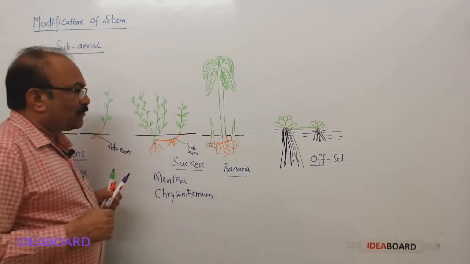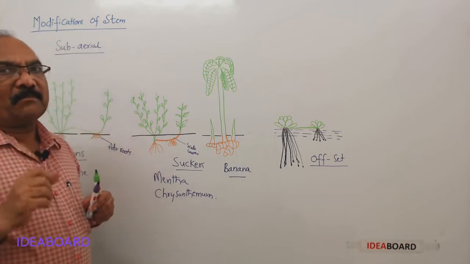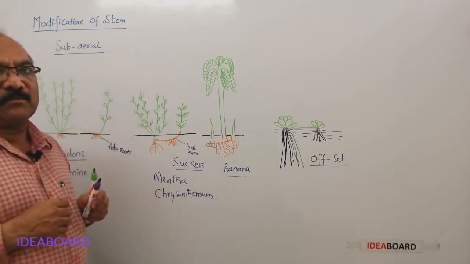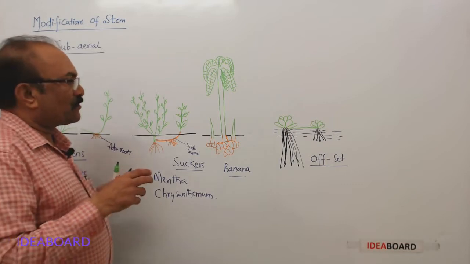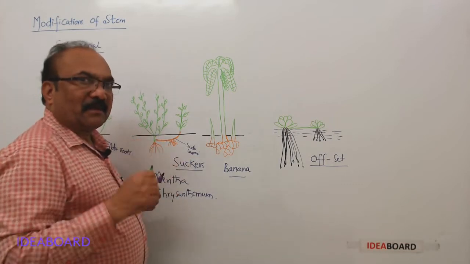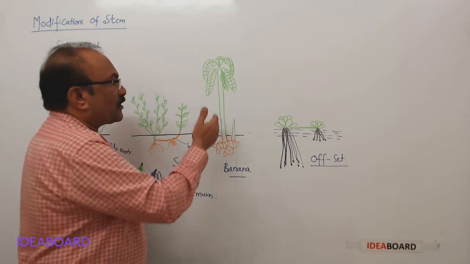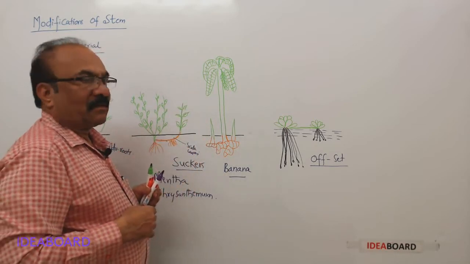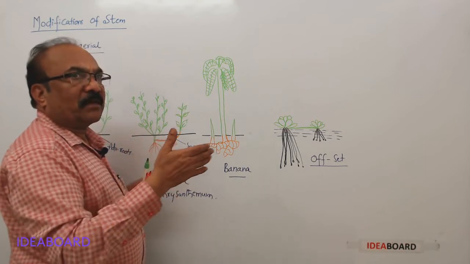Now let us come to this banana plant. Already the banana plant is having rhizome, which is horizontally growing, and that rhizome will have axillary buds, and those axillary buds will grow into aerial shoots. Actually, this is the aerial shoot which you find in any banana garden.